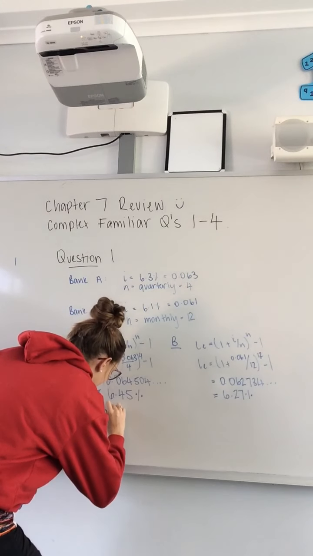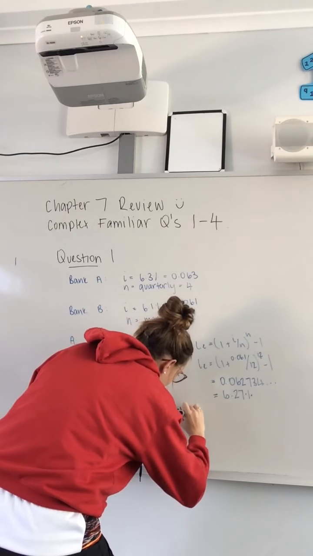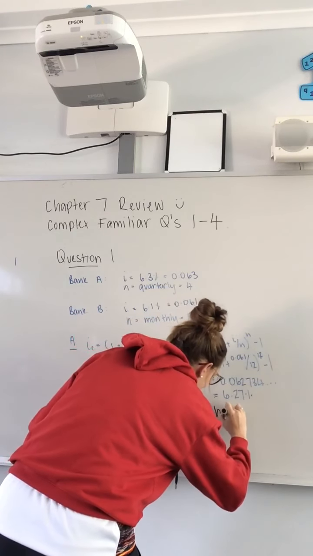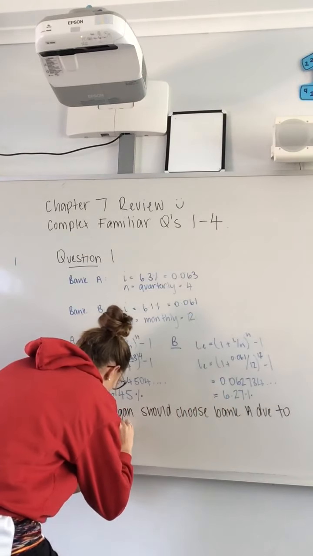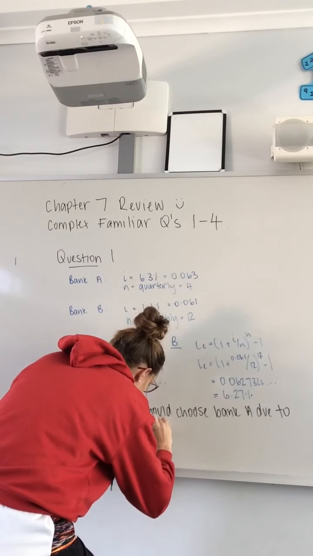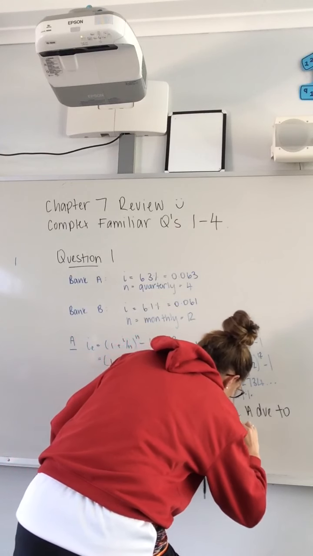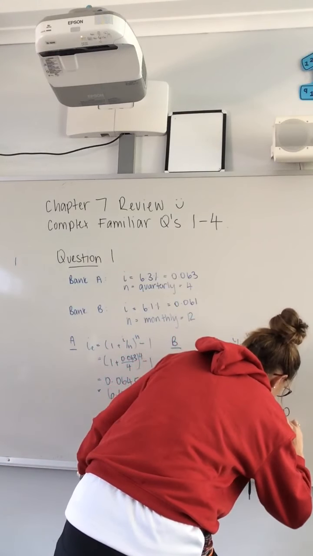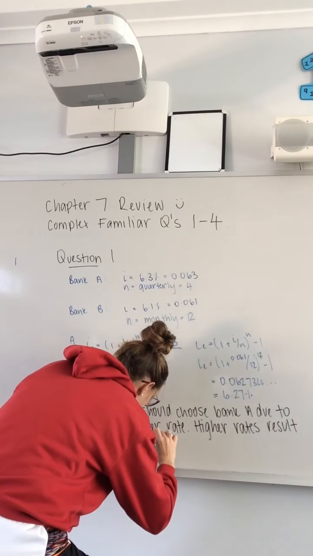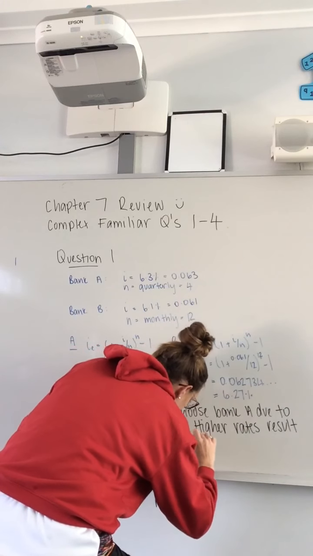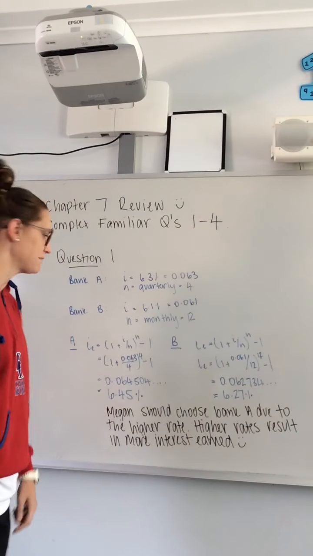So Megan should choose Bank A due to the higher rate. Higher rates result in more interest earned. Little smiley face, because she's earning money.